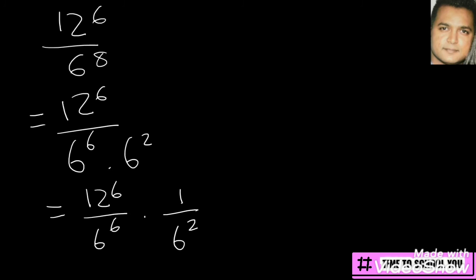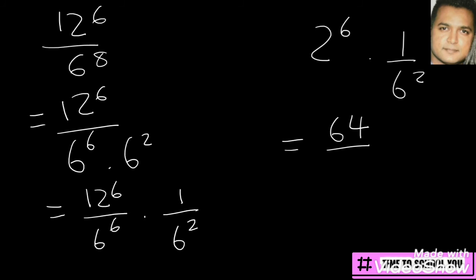So I can divide this. 12 divided by 6 is 2 to the power 6 times 1 over 6 squared. And this would be 2 to the power 6 is 64 divided by 6 to the power 2 is 36. And my final answer, dividing by 4, 4 goes into 64 16 times, and 4 goes into 36 9 times.